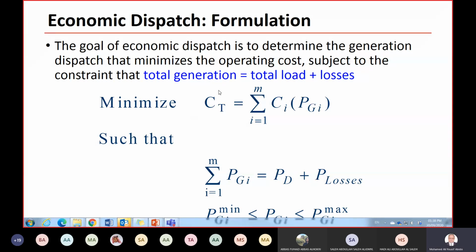It is to minimize the cost for all generators. If you have 3 generators, each generator has a certain cost function. You add all the costs here, and you need to minimize this cost, such that, or subject to, these constraints: the summation of the generation must cover the load plus losses, right?